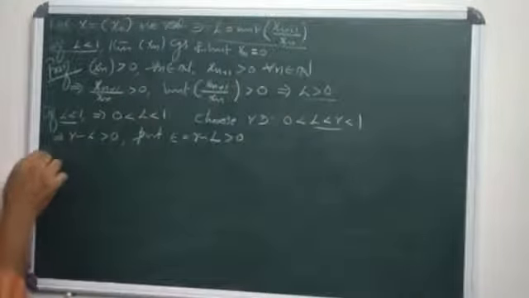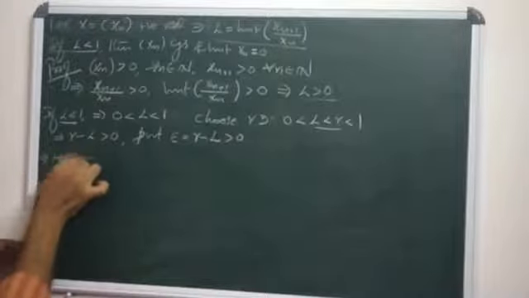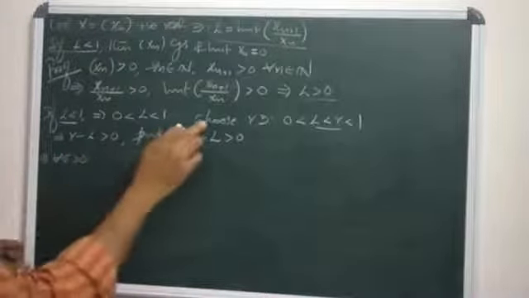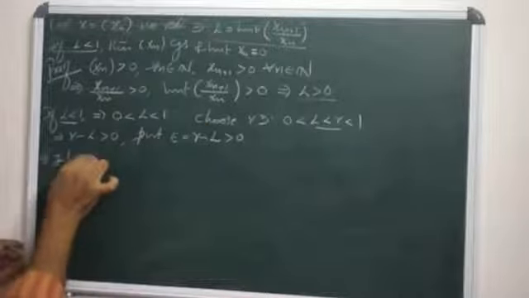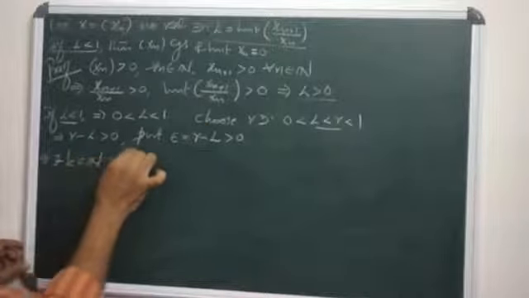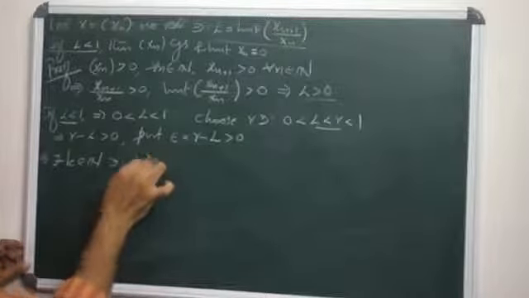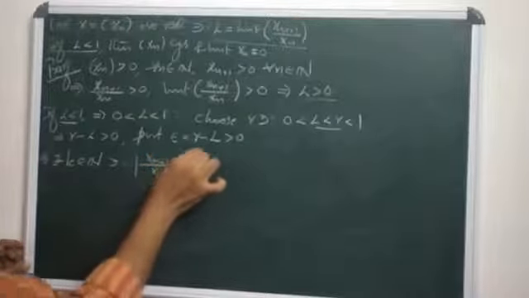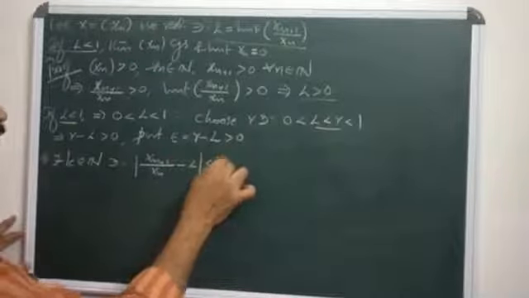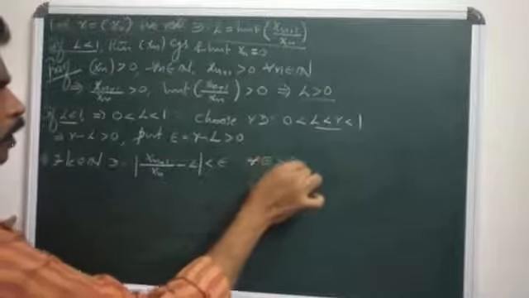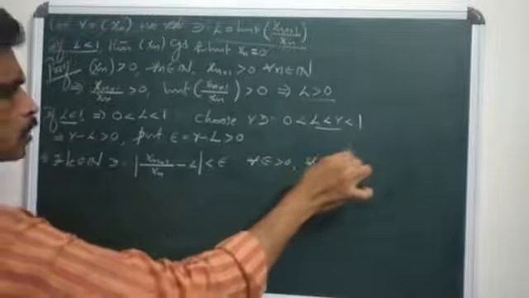That means for all epsilon positive, here it is r minus L, there exists some k in the naturals such that the modulus of xn plus 1 by xn minus L is strictly less than epsilon for all n greater than or equal to k.